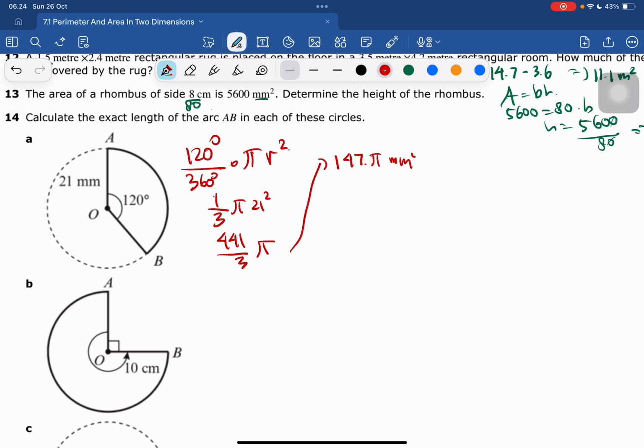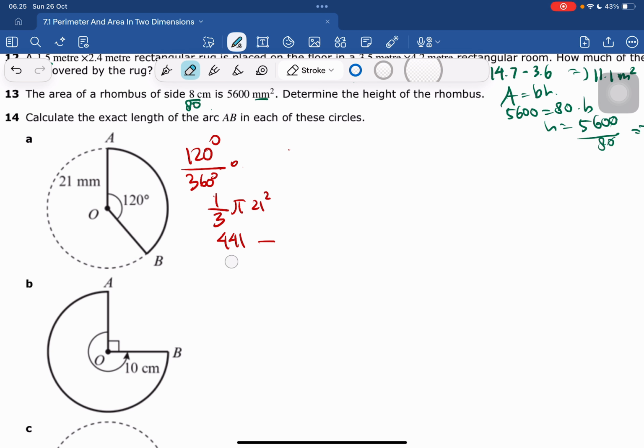angle of the R. Yeah, this is asking for the exact length of the R. Oh, if it is exact length, we need to find the perimeter. So a moment, let's change it.